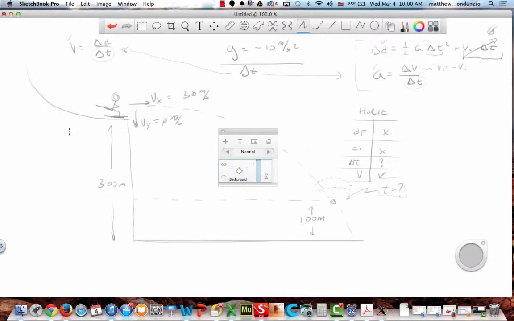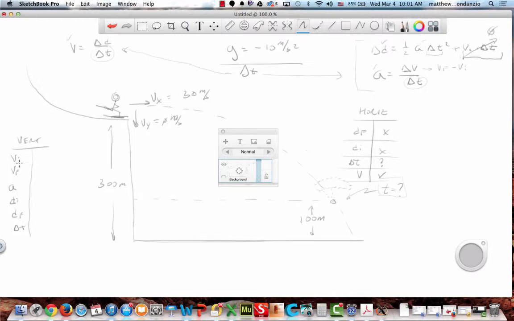Let's look at this one, for the vertical. I can have a whole bunch of things: velocity initial, velocity final, and my acceleration rate. I have my distance initial, my distance final, and my delta t.